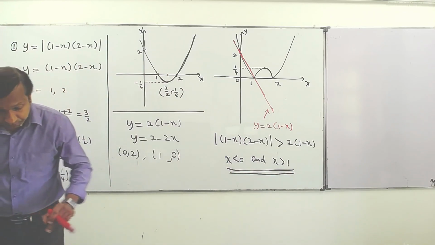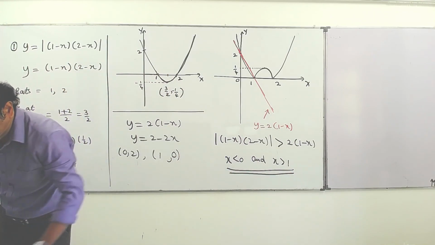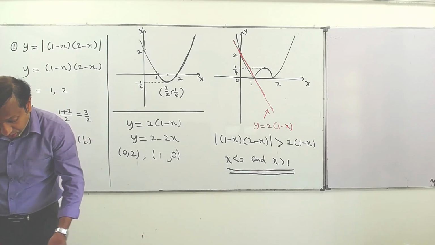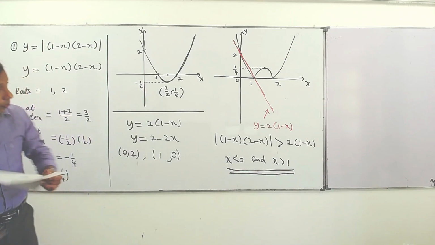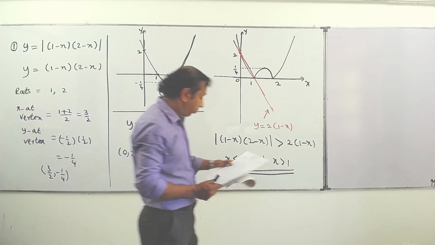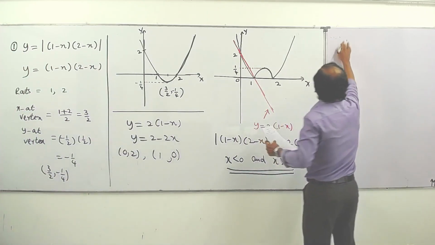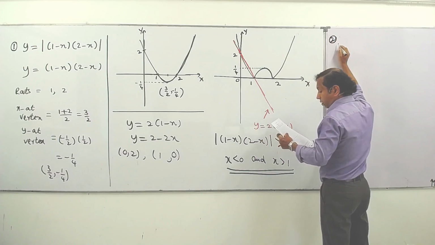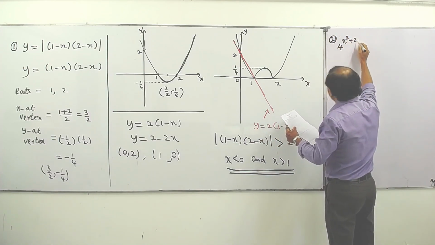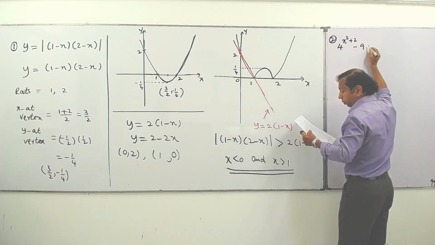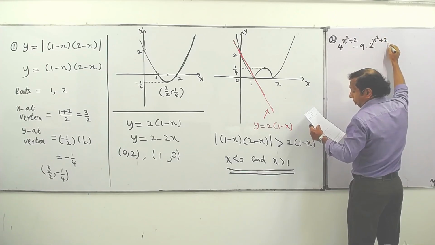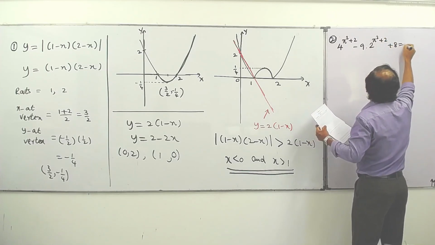Right, second one. Number 2, we are given to solve this: 4 to the power (x squared plus 2) minus 9 into 2 to the power (x squared plus 2) plus 8 equals 0.